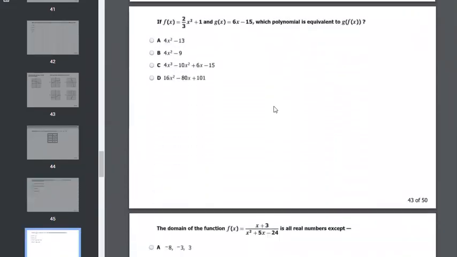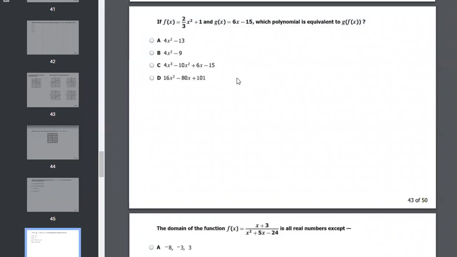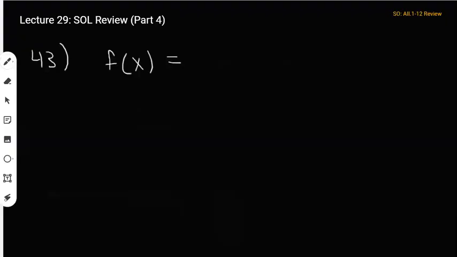Okay, let's look at 43. So 43 is going to give us two different functions, and I'm going to write them both down. So it tells me f of x is equal to 2/3 x squared plus 1.